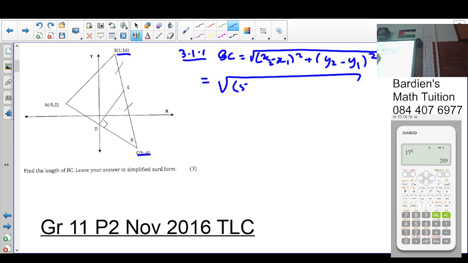So it's going to be 5 minus 1 squared plus negative 4 minus 14 squared. So the length of BC is going to be 4 squared plus 18 squared, which is just 2 root 85. Is that correct? 2 root 85.